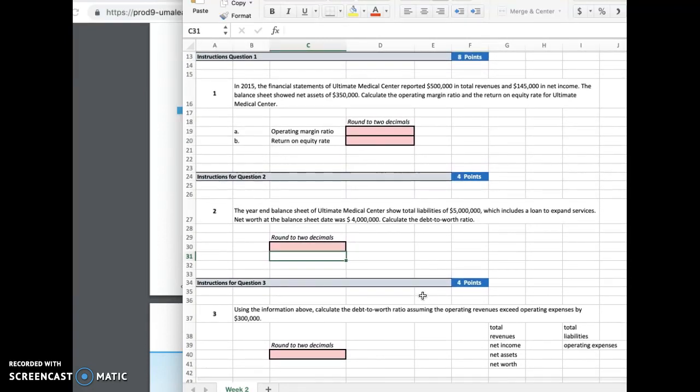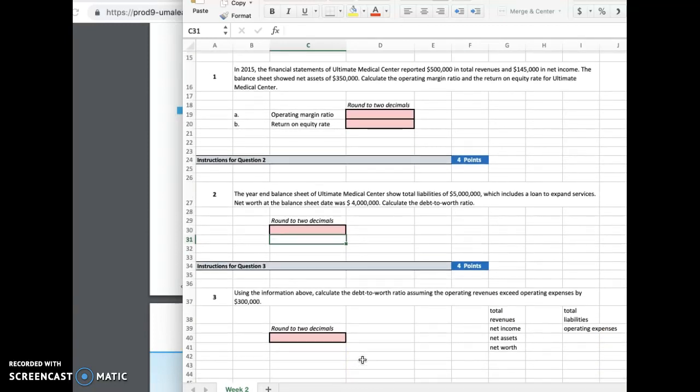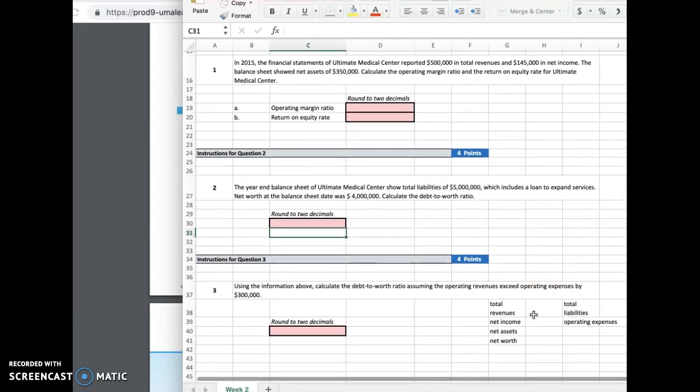You're going to calculate basically everything that's coming into the practice financially, including the net worth of the practice, and then you're going to calculate everything that's going out of the practice, which would be like the liabilities, as well as the operating expenses, and then you're going to divide those 2 numbers to get your ratio. I'm not going to give you the answer, and I'm not going to tell you what numbers to put in, but basically, given this problem, the things that you're going to want to calculate include the revenues, the income, the assets, and the worth. That's basically everything coming into the practice.